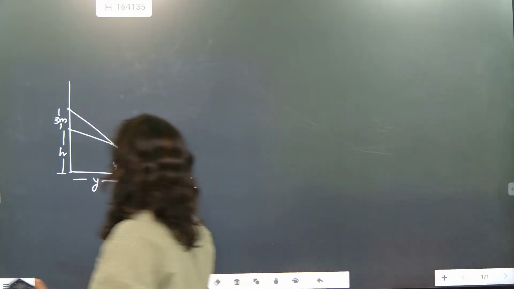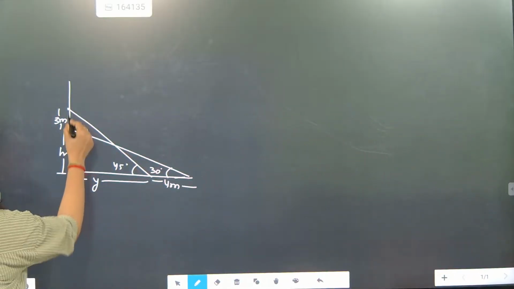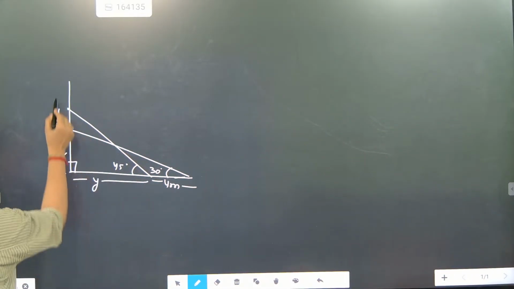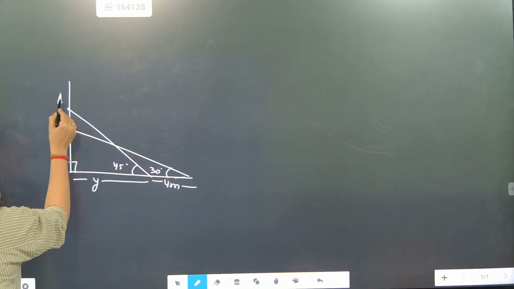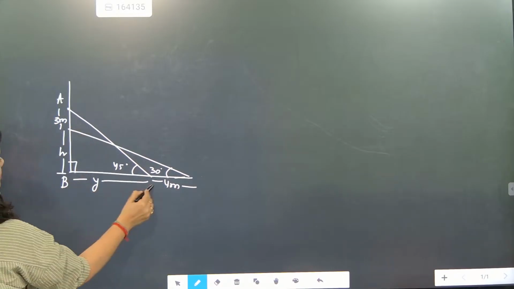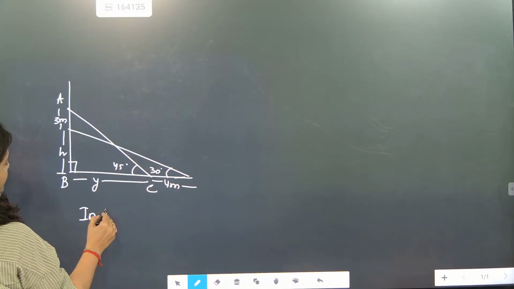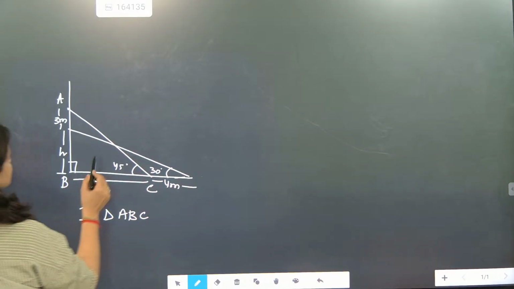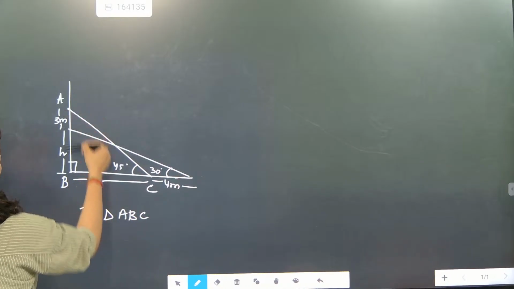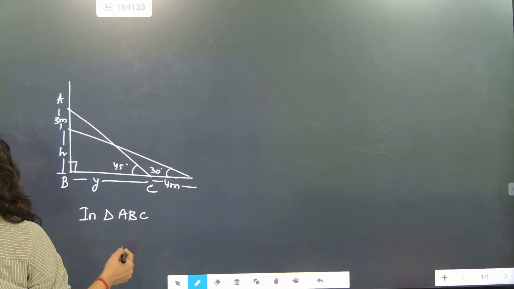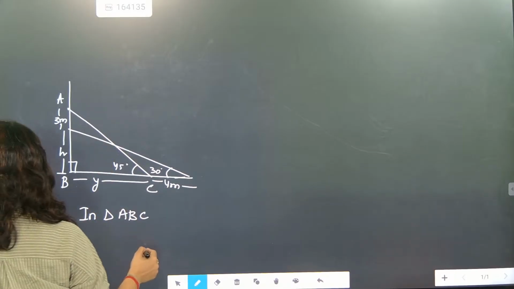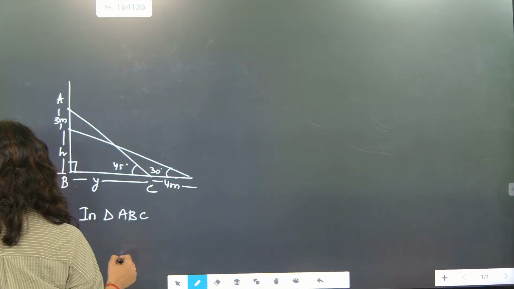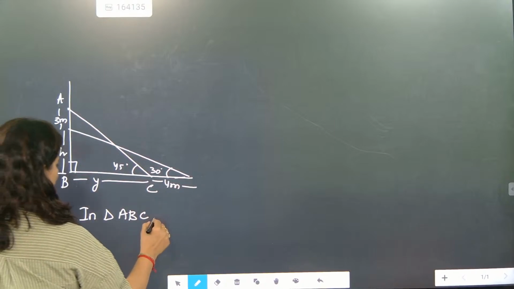Now look here. Everyone, please start solving the question. So here, what is the distance given here? First, this will become 90 degrees. So usually it will be A, B, and C. So in triangle ABC, this will become the usual height.